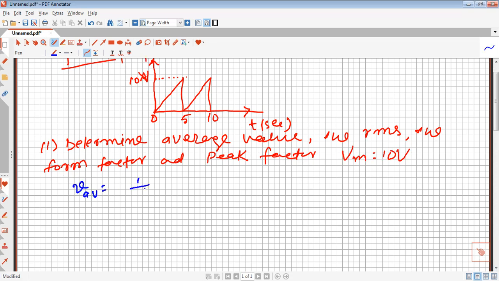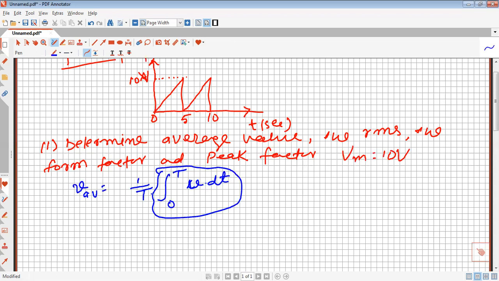It is 1 by T, integral from 0 to T of v dt, where v is the instantaneous value and T is the time period. Basically, this is the area under the curve of v and dt. So if we know the area of this curve, we will be able to find the average value. This is one method.